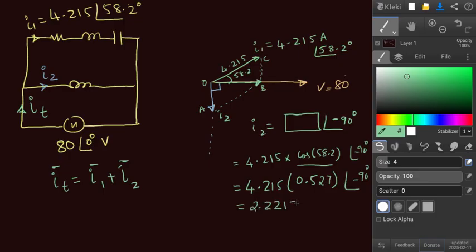We have seen this number before, you remember? Actually, I could have avoided all this calculation. So this is the value of I2.